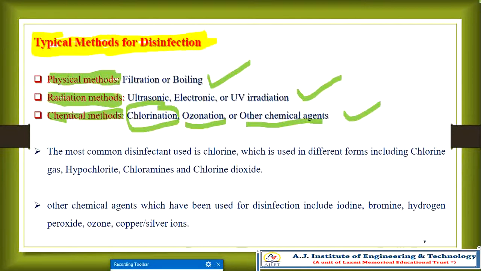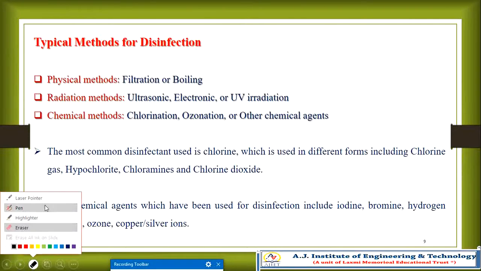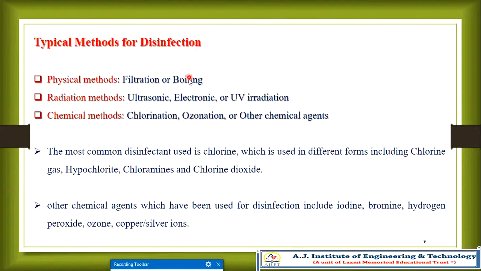Now if we concentrate on physical methods, radiation methods or chemical methods, there will be some differences. Filtration and boiling, you already know. Ultrasonic processes we have to study now, and the chlorination process.